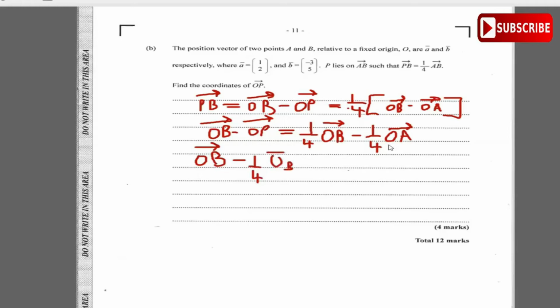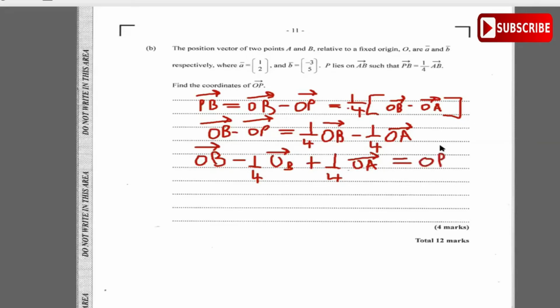Then I bring over the minus a quarter OA to get plus a quarter OA, and that's equal to vector OP.